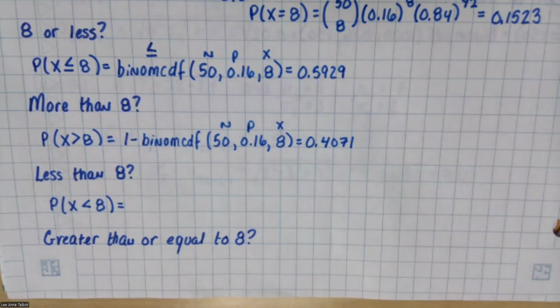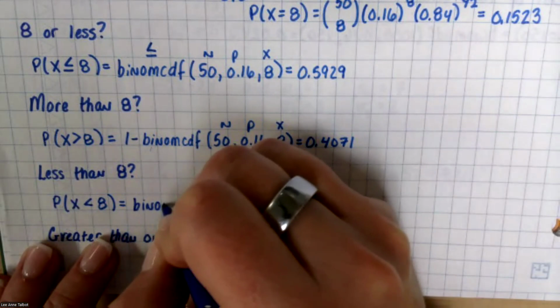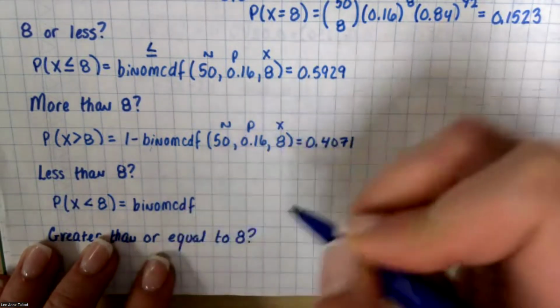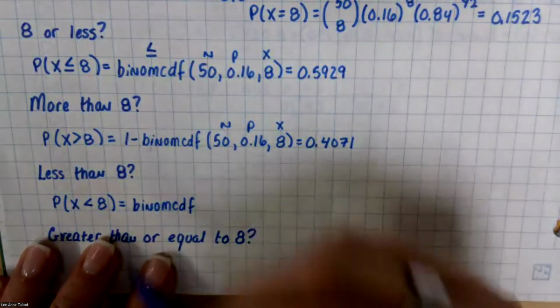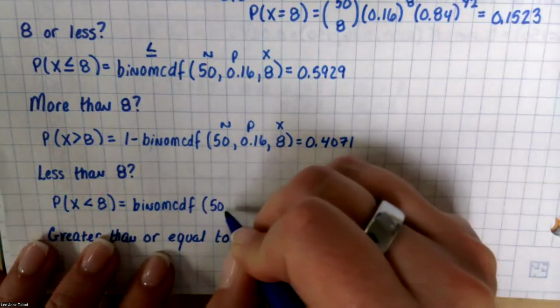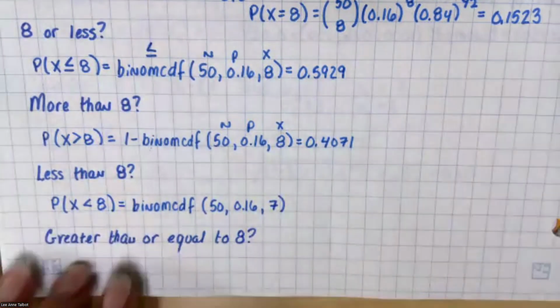Let me say that again. Less than 8 is everything up to 7. Okay, so you're going to do, no, these are discrete because remember how the table looked? It was 0, 1, 2, 3. Exactly.